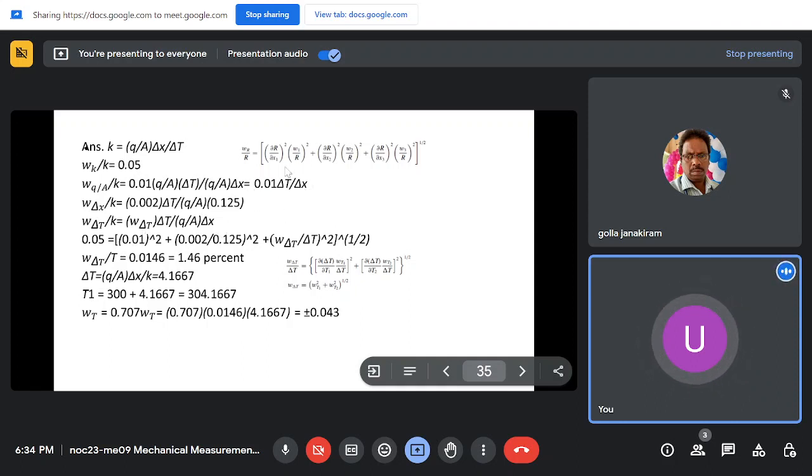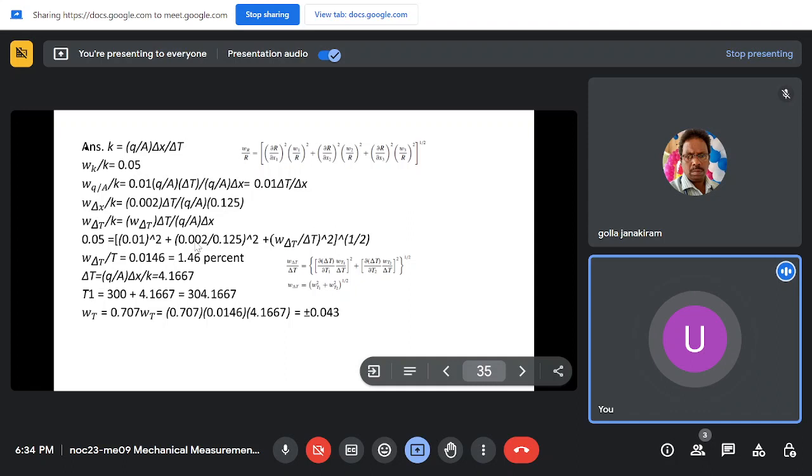As we know, we have to calculate the derivatives, and once we multiply the WK by K uncertainty into the derivative of the respective variables of K, then we will get a simplified expression. So the simplified expression will be WK by K is 0.05 into the whole relation. The first term, dou R by dou X1 the whole square into W1 by R the whole square, will come out to be 0.01 whole square.